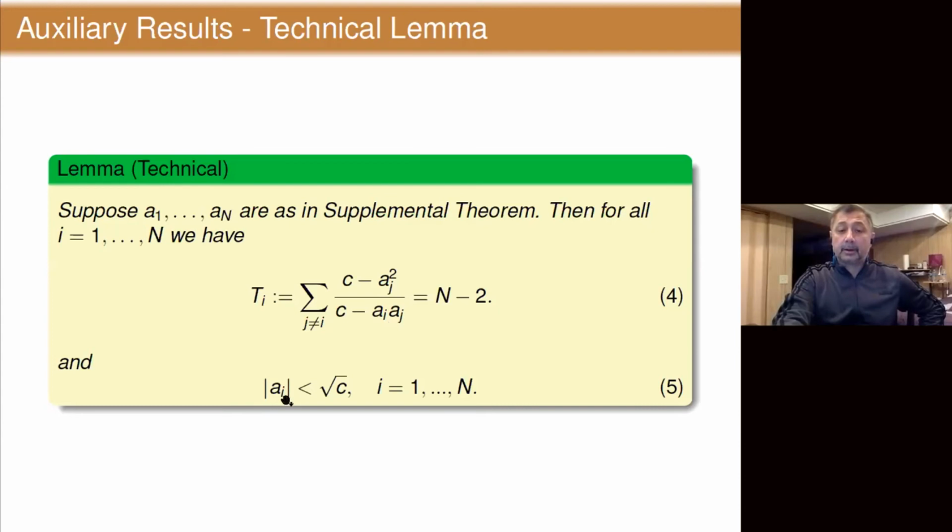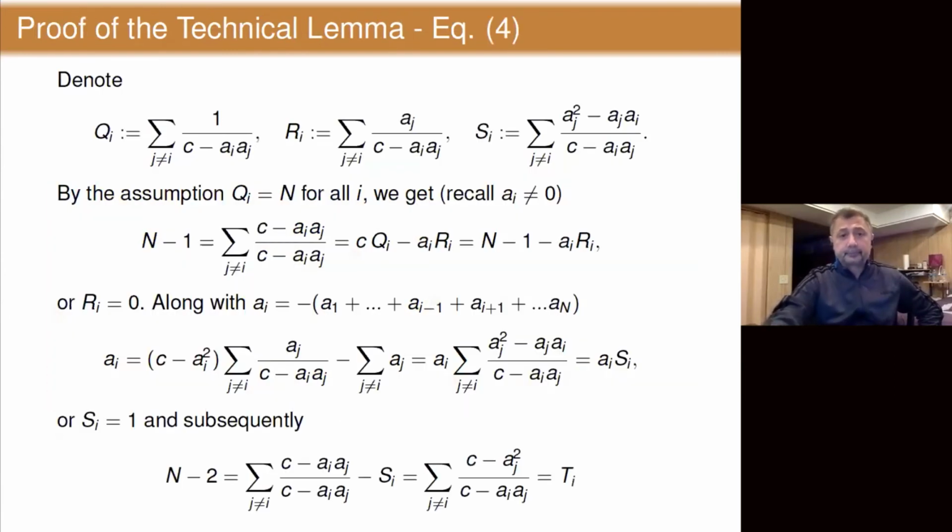And the a_i's will have to be less than square root of c, okay, c being (n minus 1) over n. So the proof of the technical lemma consists of, well, that's technical, so I will not go into the detail, but I sent the slides to the organizers.